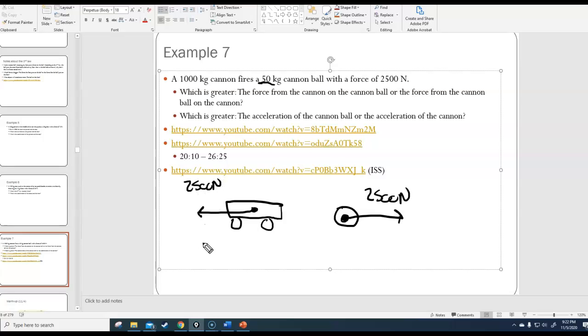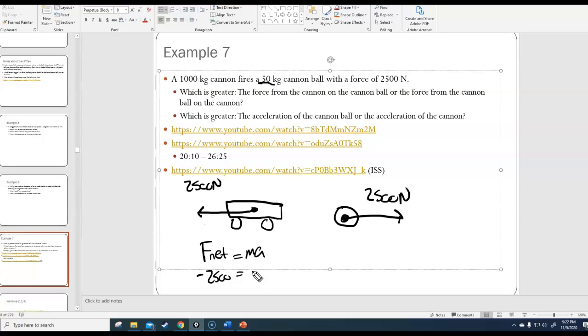So if you imagine applying Newton's second law to each of these situations, F net equals ma, of course there's only one force here, and so the net force is just going to be the 2,500 newtons. And even if this did happen on Earth and not in space, and there's gravity and normal force, it really wouldn't change what I'm talking about here. So here, the net force would be negative 2,500 newtons, because it's going to the left.